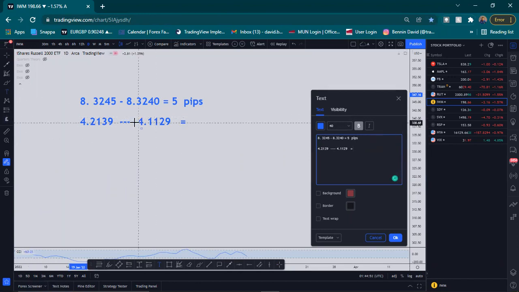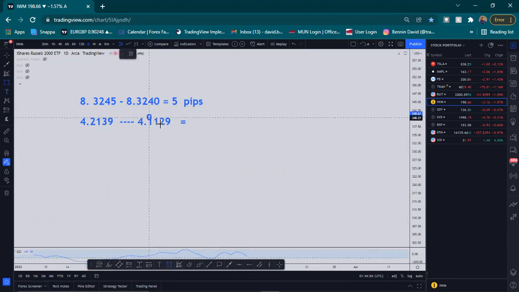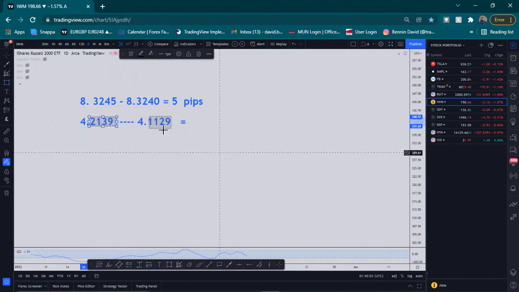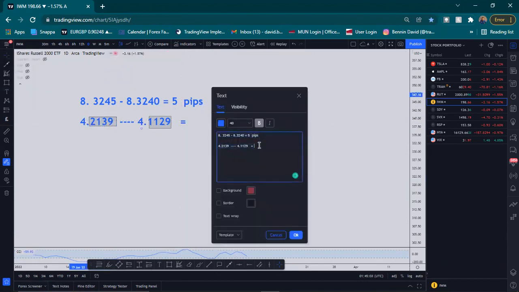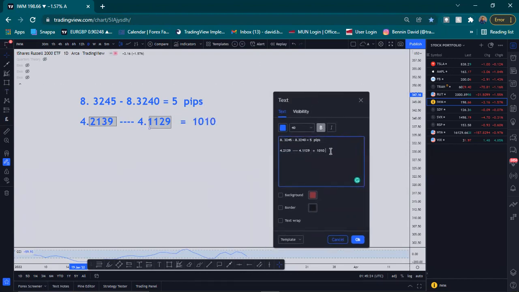We subtract this value from this value, and that would give us the change. So the change in the currency would be, because this is 1,000, 2,139 minus 1,129, that is 1,010 pips change. That is what has happened.